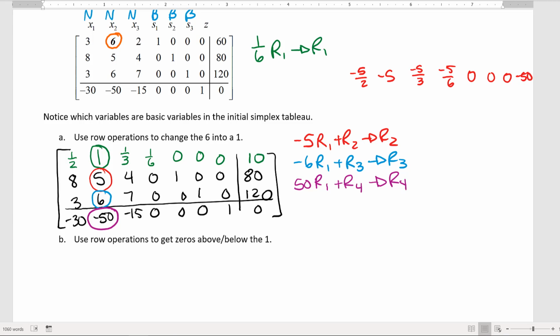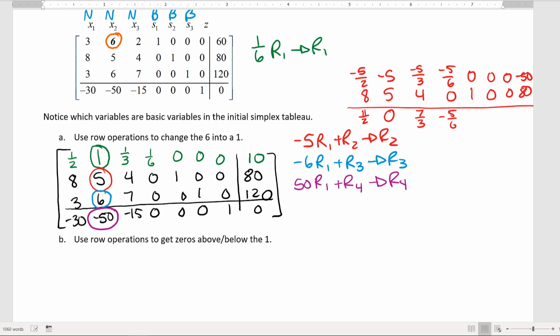Underneath that, I am going to write row 2, and row 2 is 8, 5, 4, 0, 1, 0, 0, 80. So when I add this down, you might want to use a calculator here. Negative 5 halves plus 8 is going to be 11 halves. Negative 5 plus 5 is 0. Negative 5/3 plus 4 is going to be 7/3.